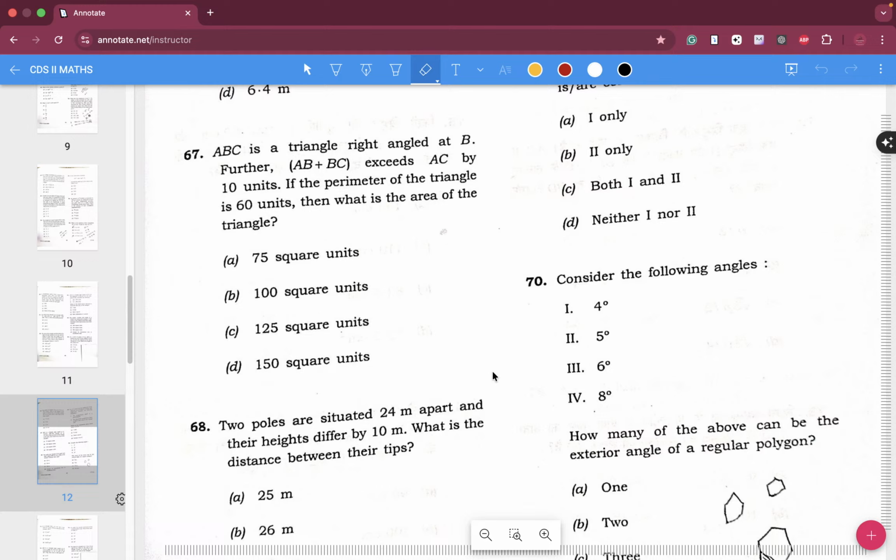If the perimeter of the triangle is 60 units, which means the sum of the sides is 60 units, then what is the area of the triangle is what they are asking.